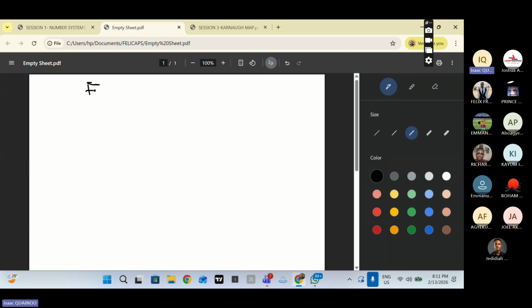So let's take our first expression or function. Let me use x, y, z, plus x prime, plus x, plus x y prime z.